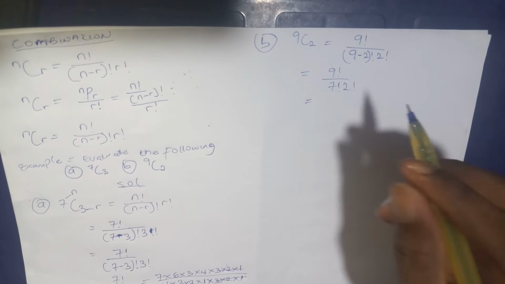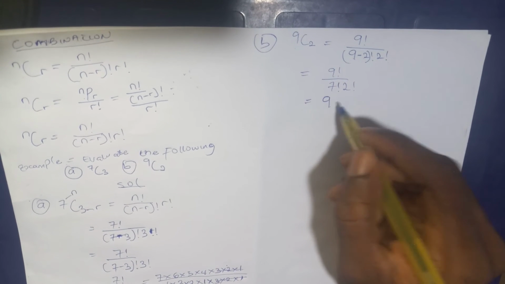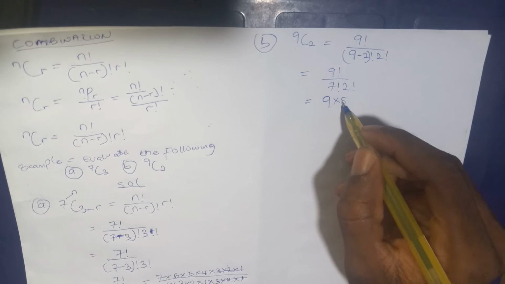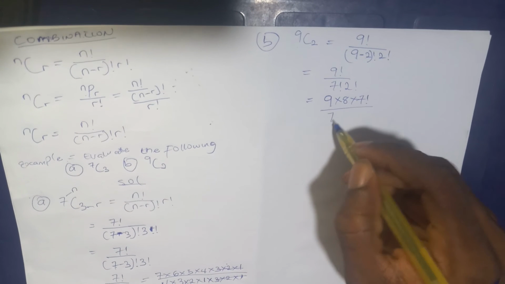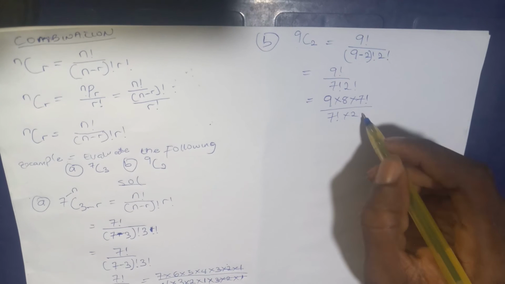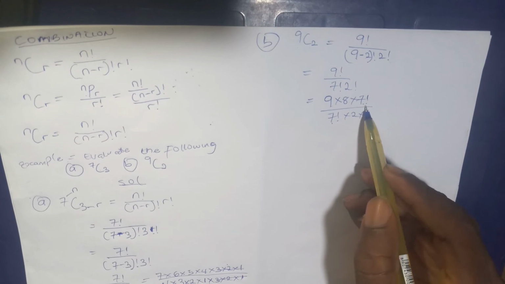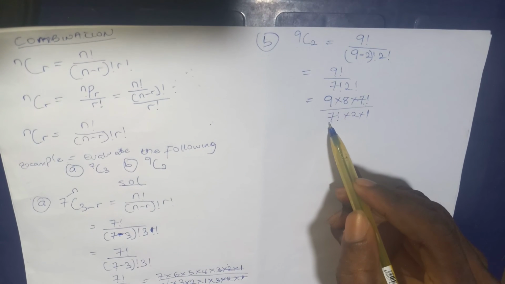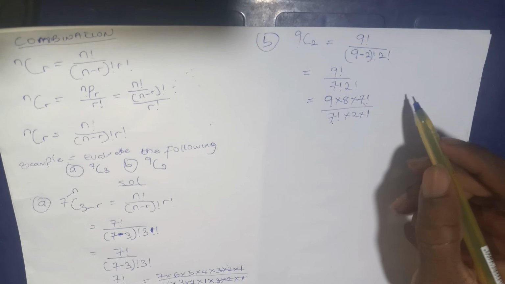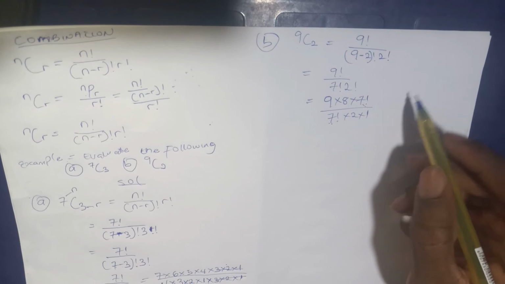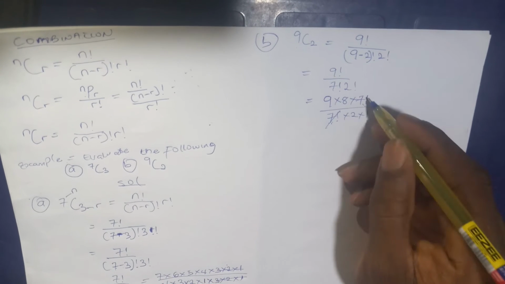I told you before that this is 9 times 8 times 7 factorial divided by 7 factorial times 2 times 1. The reason we stop at 7 factorial is because in the denominator we have 7 factorial. So this 7 factorial just means 7 times 6 times 5 times 4 up to 1, and this also means the same thing, so we just cancel out.